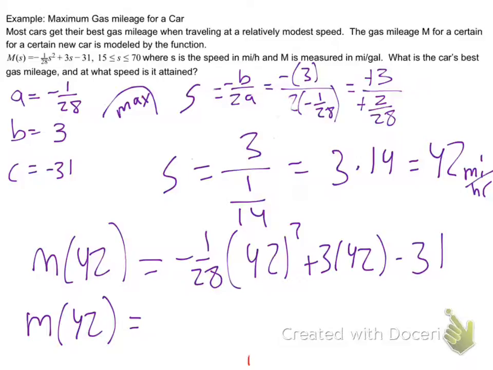And what does it happen to be? 32. 32 mpg, miles per gallon. So to answer our question, we would state it how?